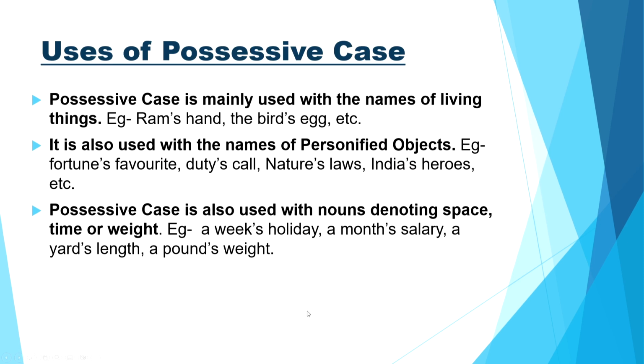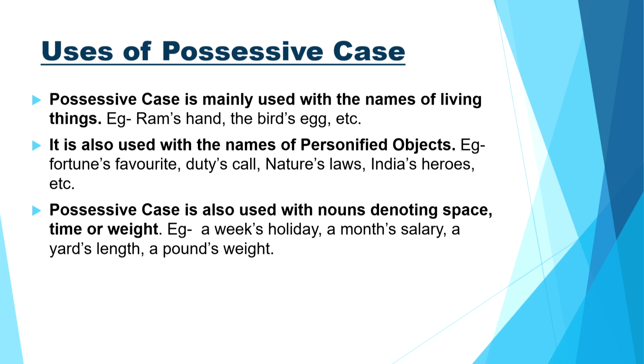Now, moving on, here are some of the uses of the possessive case. The possessive case is mainly used with the names of living things. For example, Ram's hand, the bird's egg. It is also used with the names of personified objects. For example, Fortune's favorite, Duty's call, nature's law, India's heroes, etc. The possessive case is also used with nouns denoting space, time or weight.